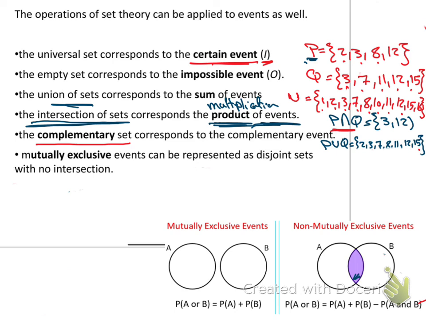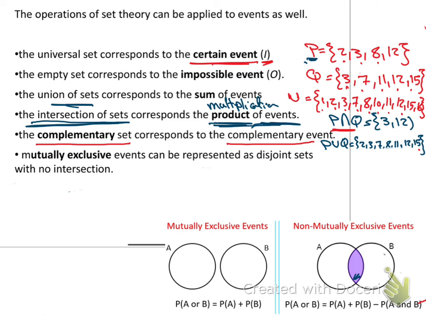Okay, so the complementary set corresponds to the complementary event. The probability of the complementary in the events also means 1 minus. Okay, so this is what you call joint and disjoint.